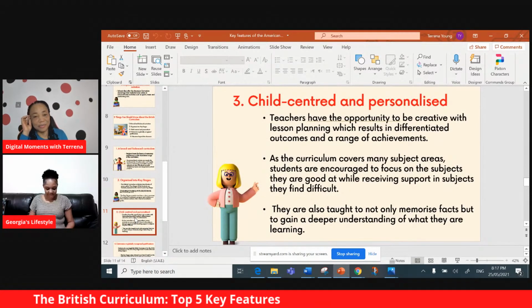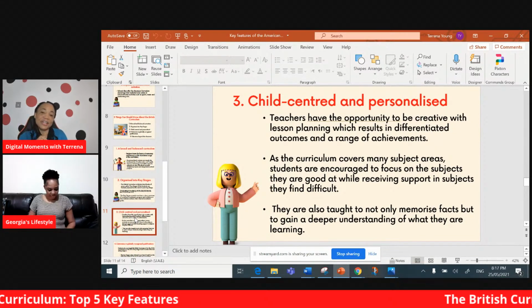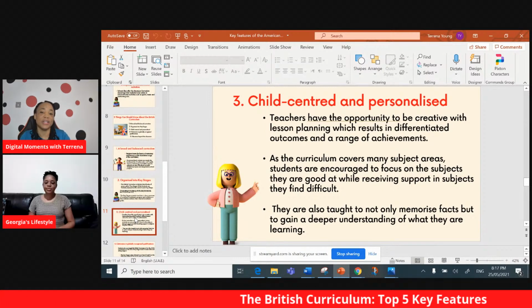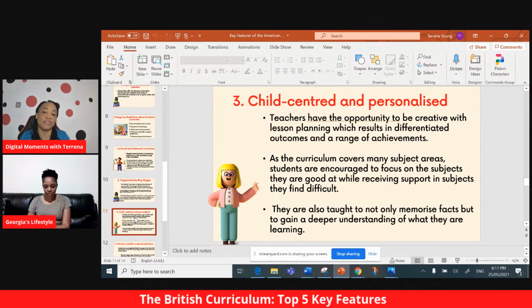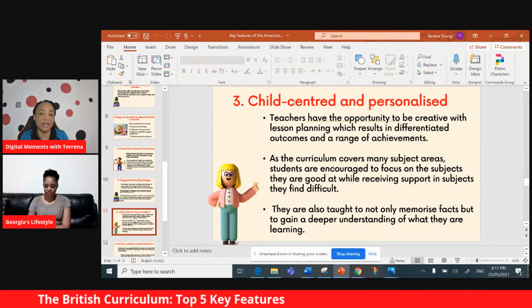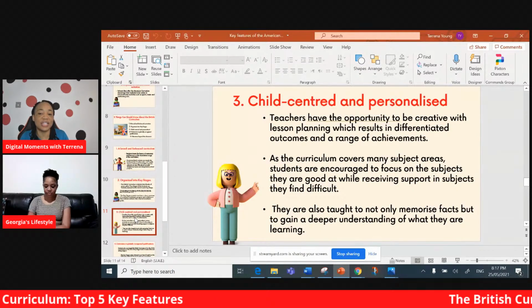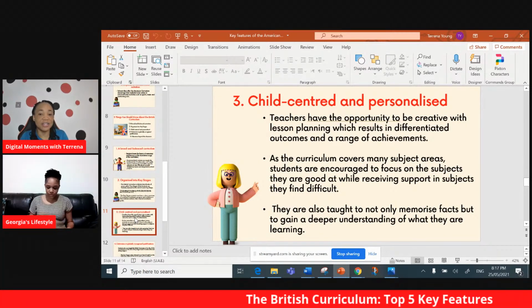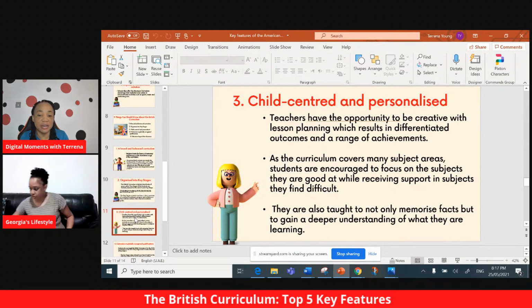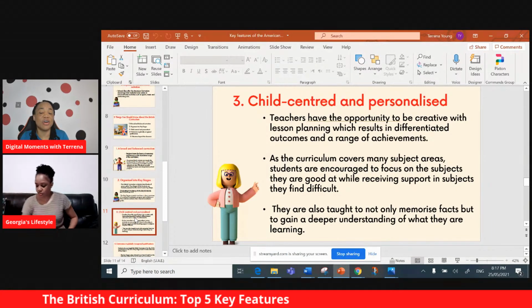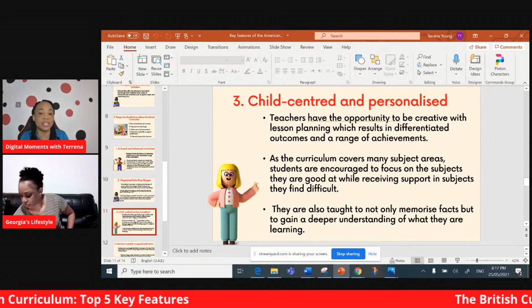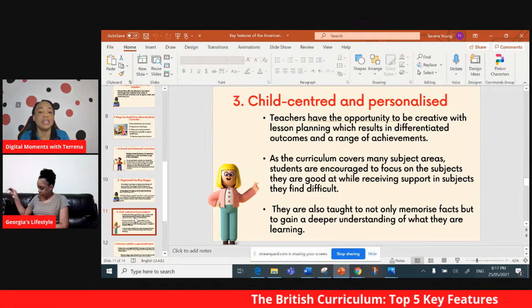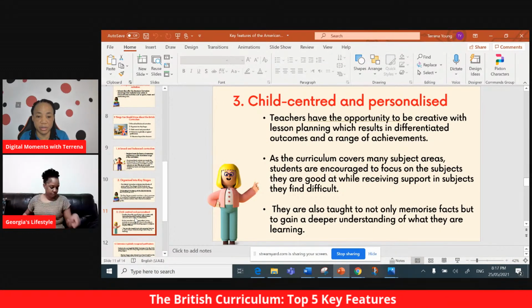All right, so let's look at number 3. This curriculum is child-centered and personalized. Teachers have the opportunity to be creative with lesson planning, which results in differentiated outcomes and a range of achievements. As the curriculum covers many subject areas, students are encouraged to focus on the subjects that they are good at while receiving support in subjects they find difficult.